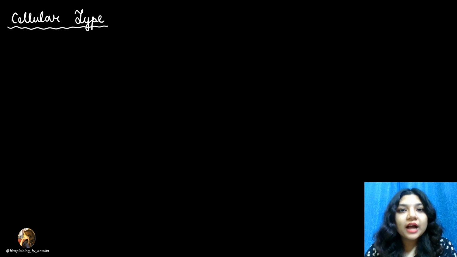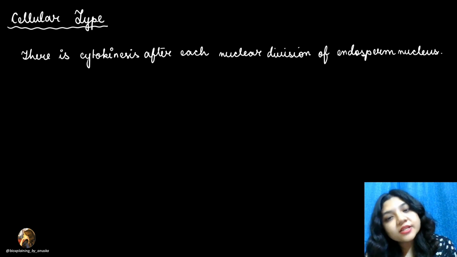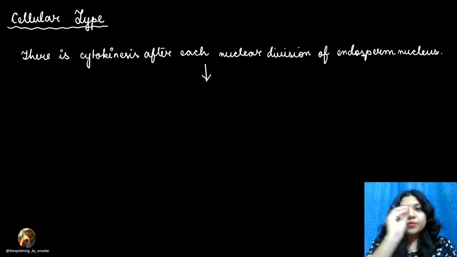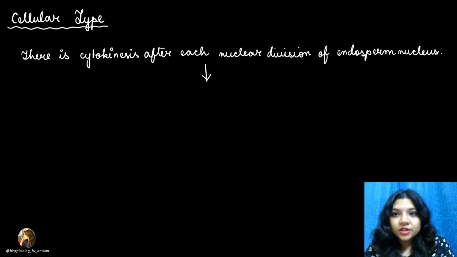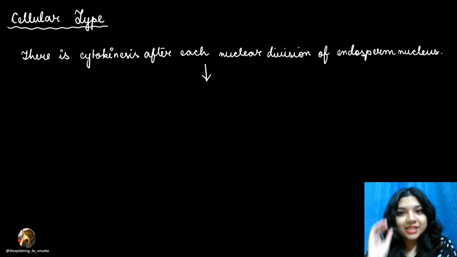Next, what do we have? The cellular type. So the name itself tells you, cellular type. That means individual cells are formed. So in this type, there is cytokinesis after each nuclear division. That is, as soon as one new nucleus is formed, cytokinesis follows and you have compartmentalization of that individual cell.